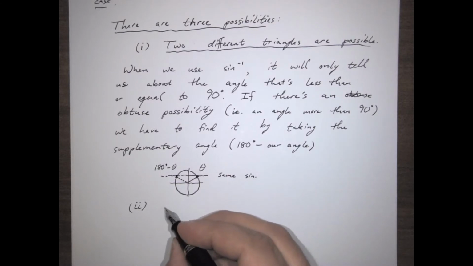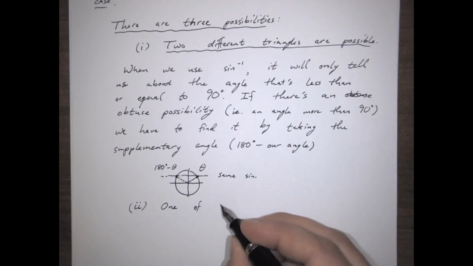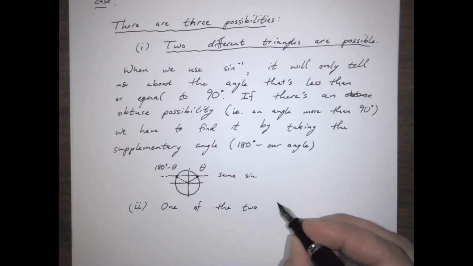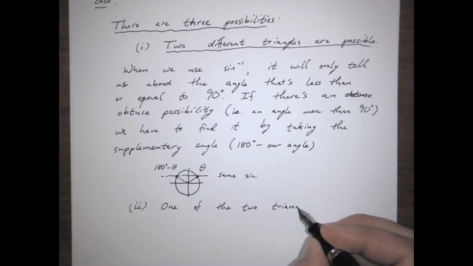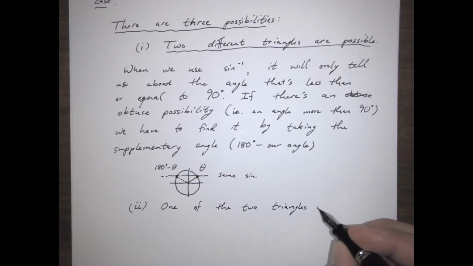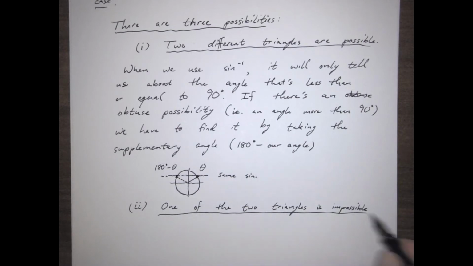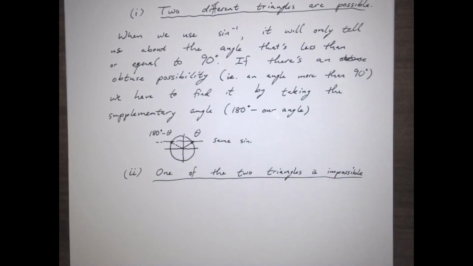Possibility 2: one of the two triangles is impossible. So we might encounter the case where one of the two triangles is impossible.